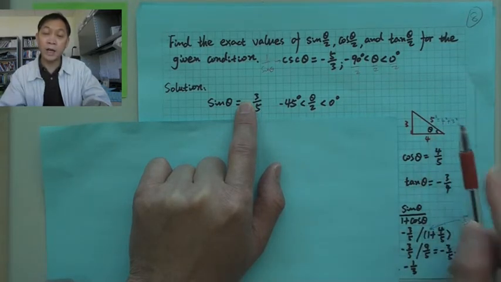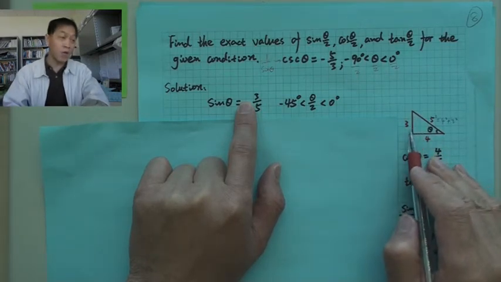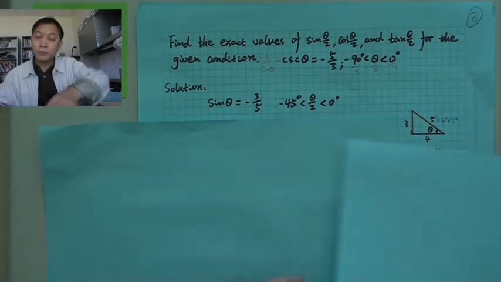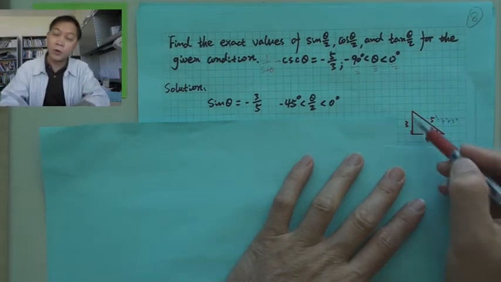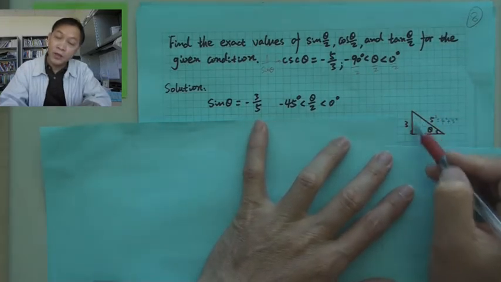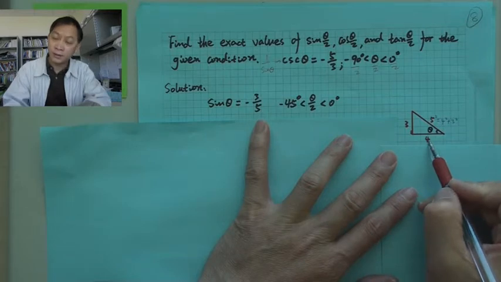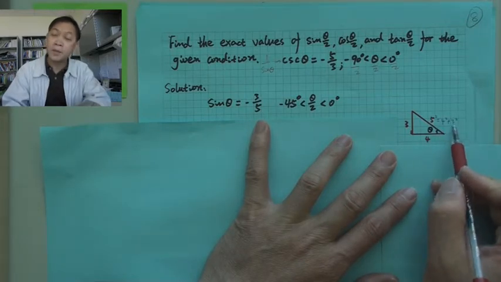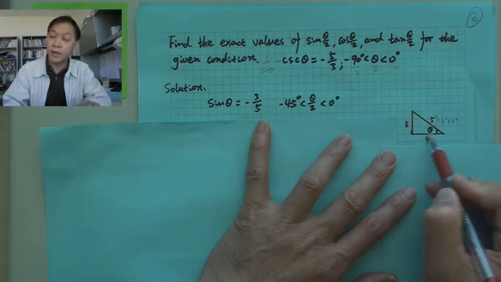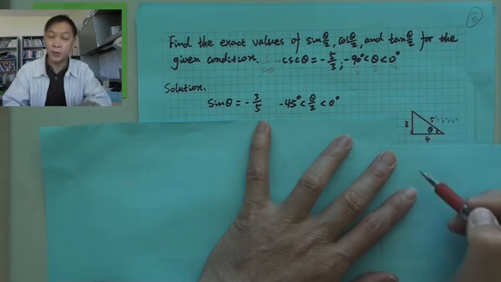Theta is right here because sine is always opposite side over hypotenuse. So you always have 3 over 5. And here has to be 4, by the Pythagorean theorem: 3 squared plus 4 squared is 5 squared. So this side has to be 4. You use this way, it's easy to do.